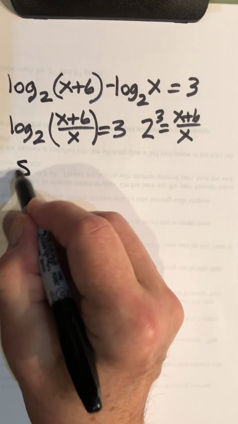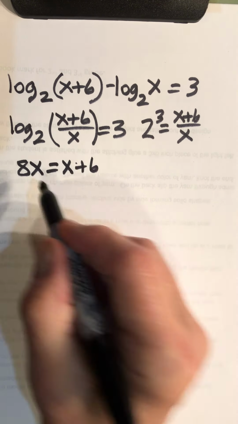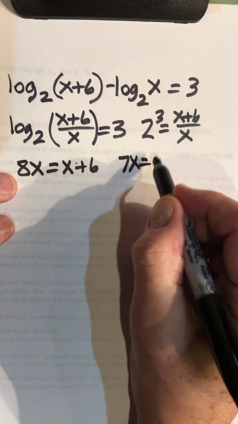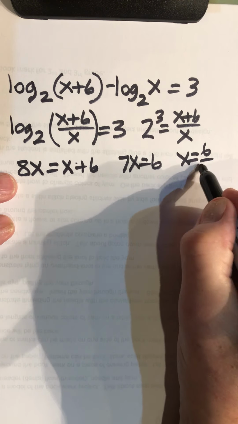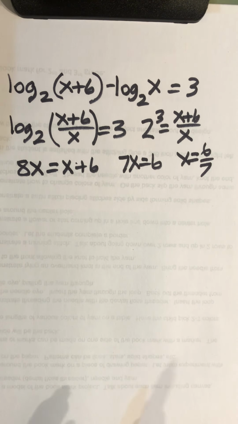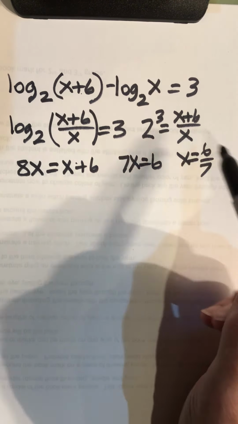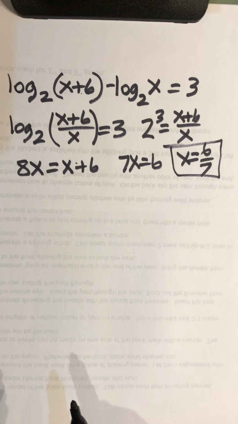So that's 8x equals x plus 6. Okay, that's 7x equals 6, and that's x equals 6/7. Let's check to make sure it's not extraneous. It's positive, so that's okay, and that's okay. There's a good answer. Good problem.